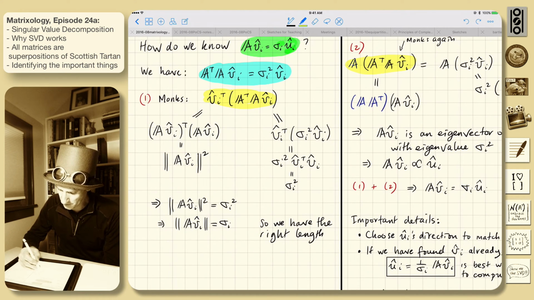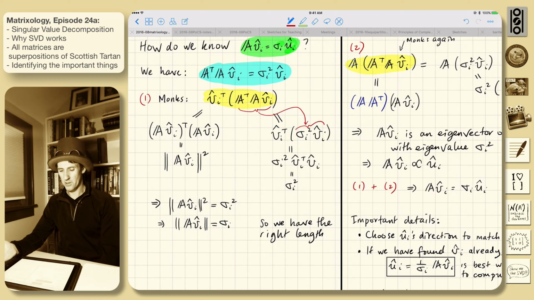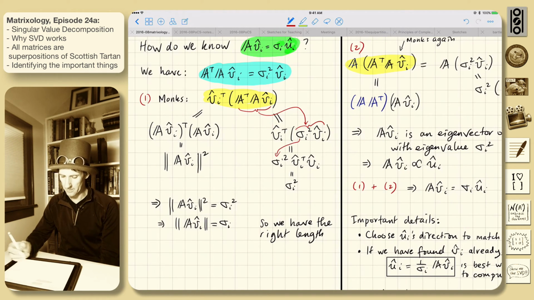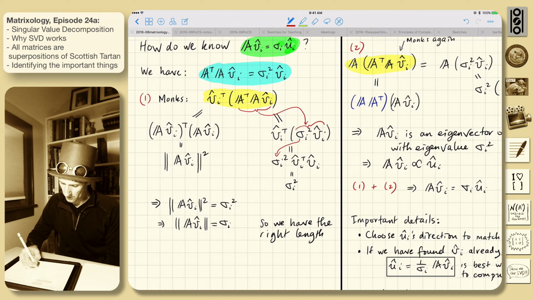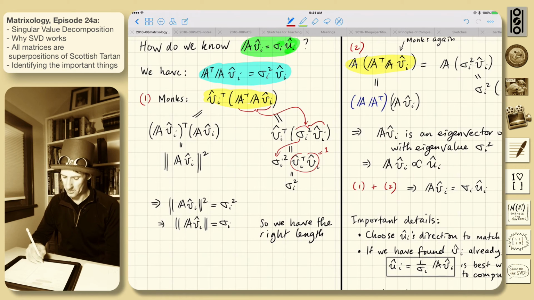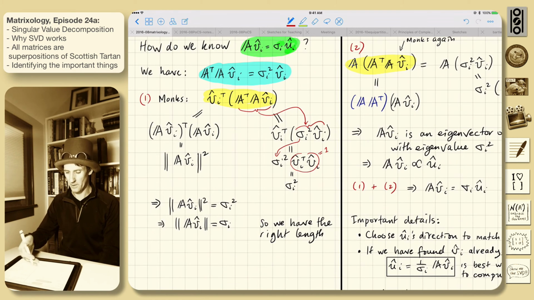If we just keep this piece intact here, that's just the eigenvalue equation. We can draw the sigma squared out the front, and then we have VI transpose VI, which is equal to 1. Dot product of unit vector with itself equals 1. So this is just a number, which we expected, and it's sigma I squared.